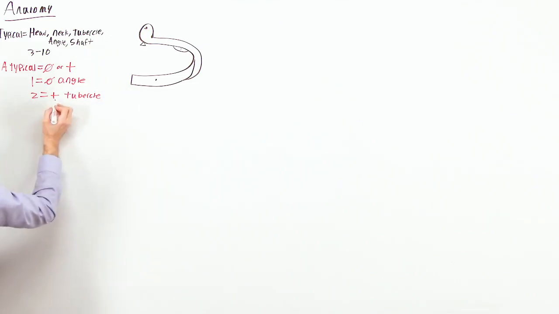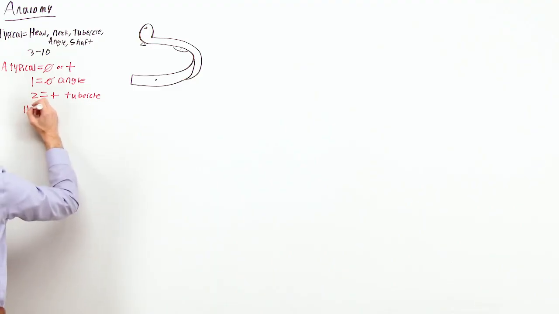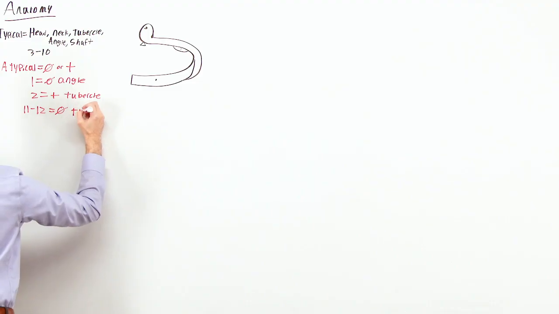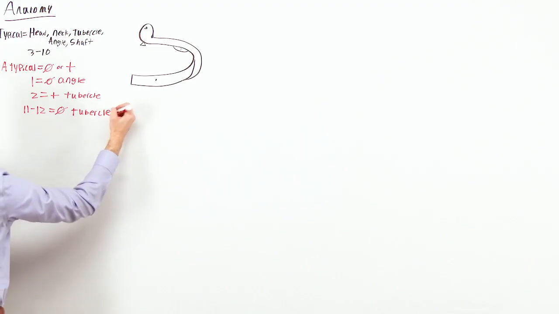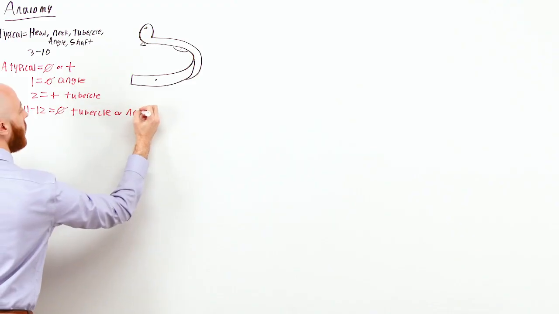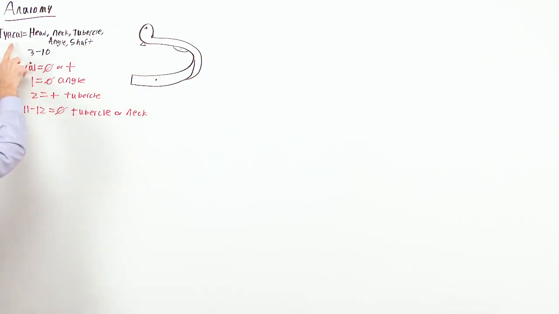So rib 2, 2 tubercles. Ribs 11 and 12 are atypical because they do not have a tubercle, or a neck. So you need to be able to classify ribs between typical and atypical.